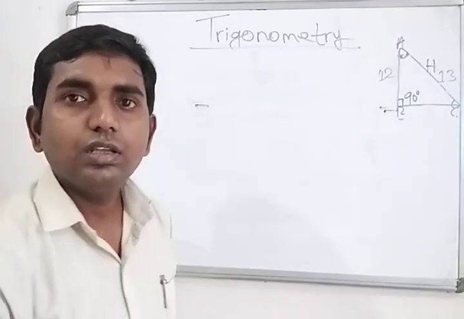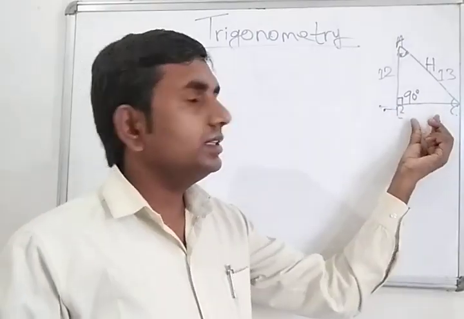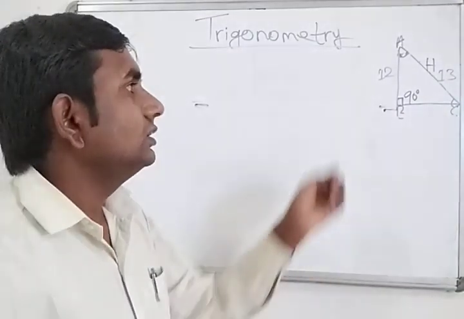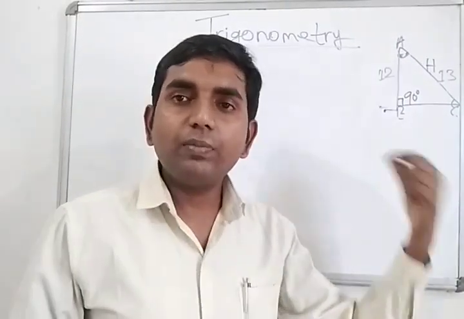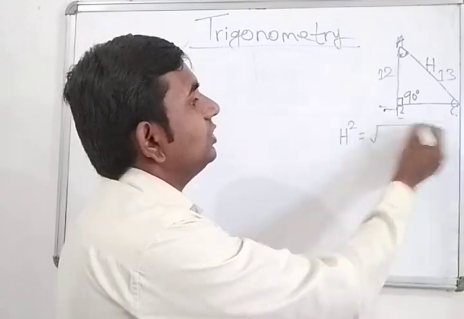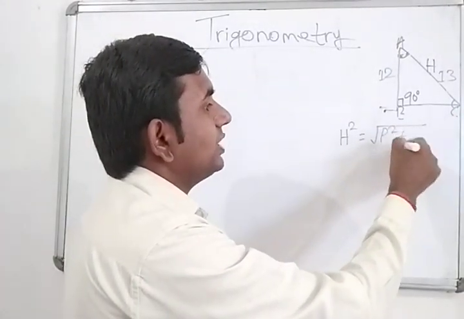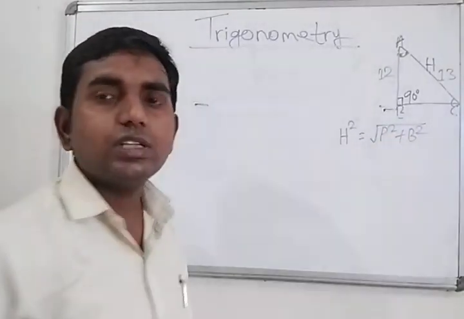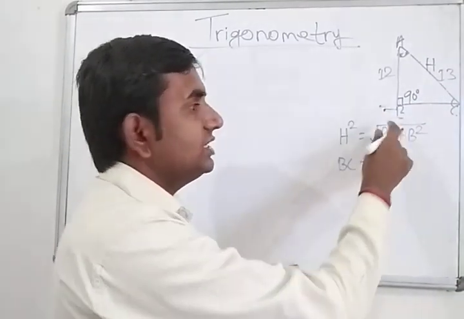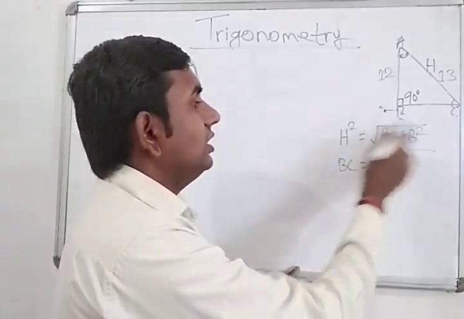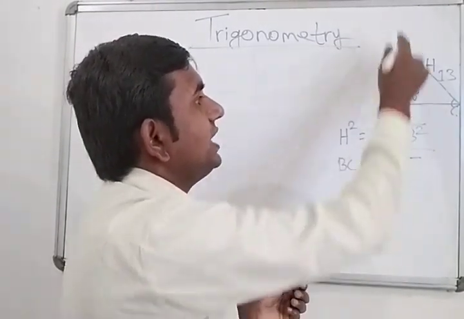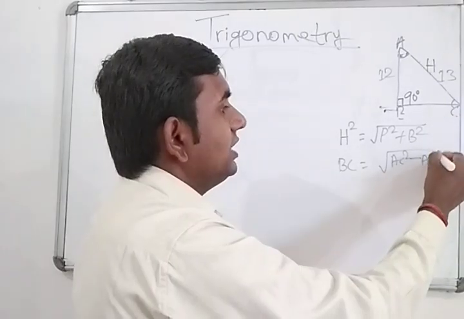In this case, first of all, we have to find this side BC. Okay, and you know that in a right angle triangle we have to apply the Pythagoras theorem. So the hypotenuse is equal to the square root of p square plus b square, the perpendicular square plus the base square. Here we have to find BC. So BC, it means base, is equal to the square root of AC square minus AB square.